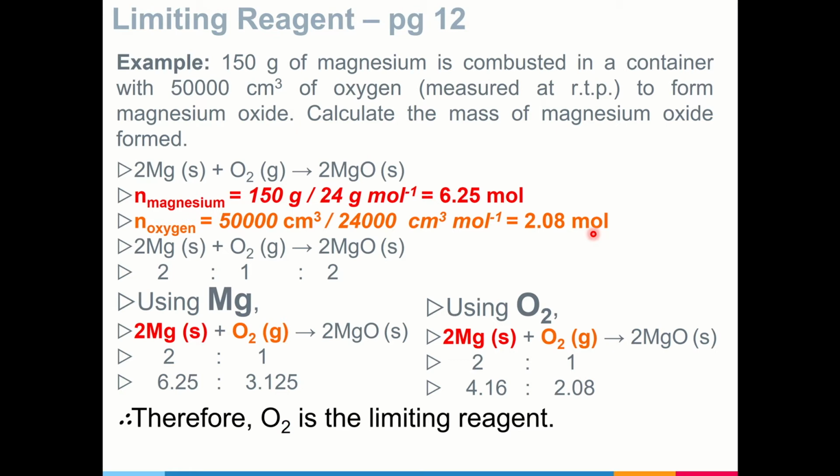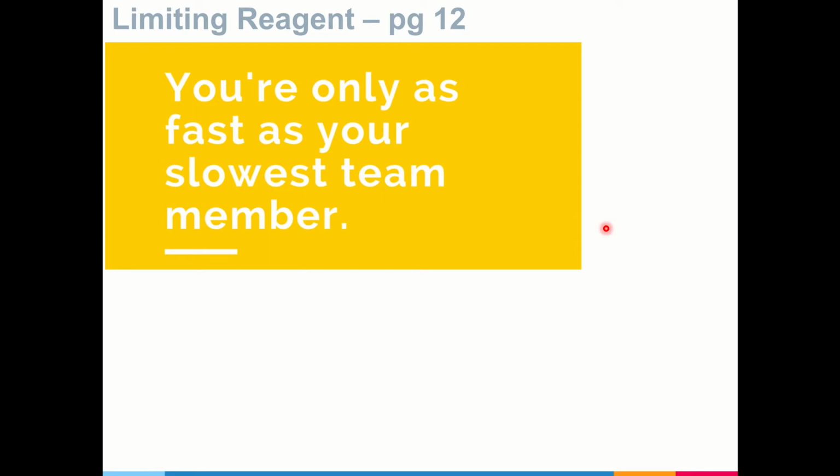You recall just now, we talked about the biscuit, the s'mores. The amount of product is always dependent on the limiting reagent. Have you heard of this quote? You're only as fast as your slowest team member. Sports people, usually in a relay, can relate to this.